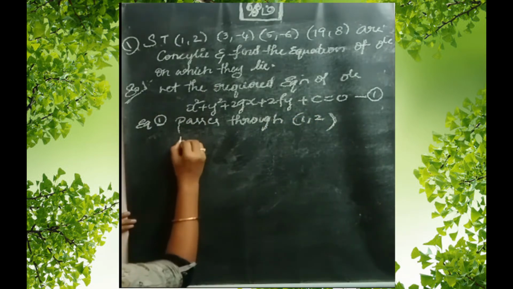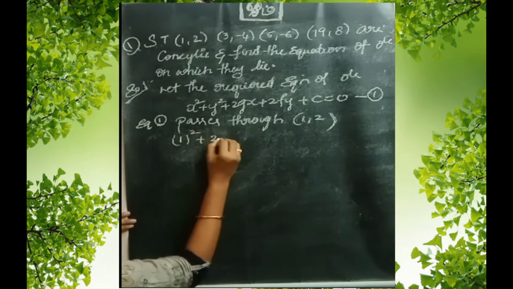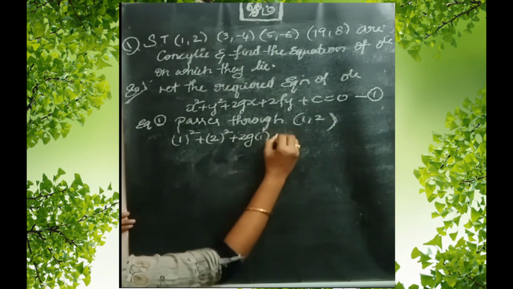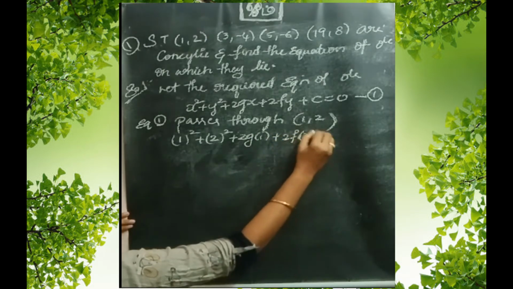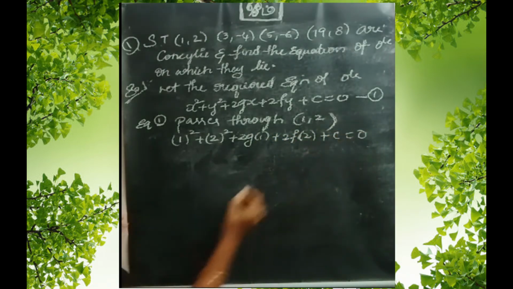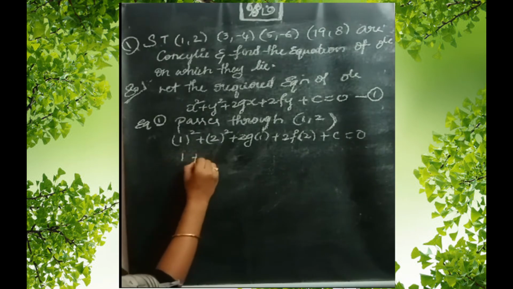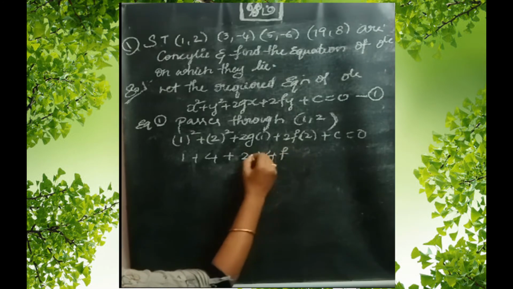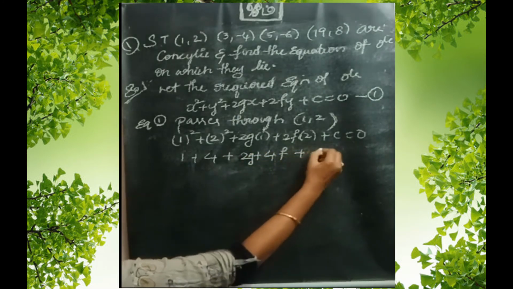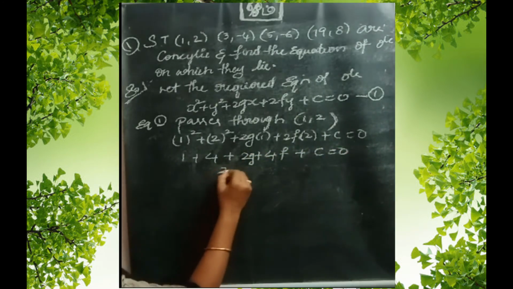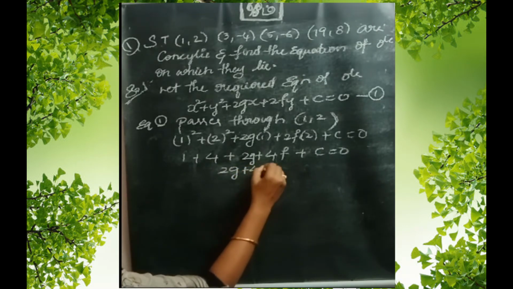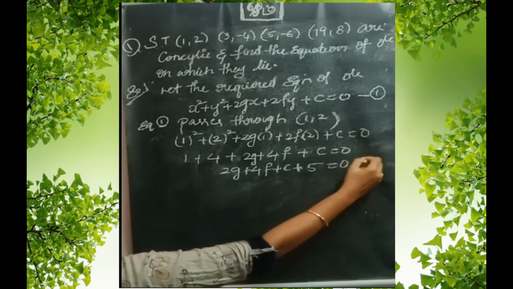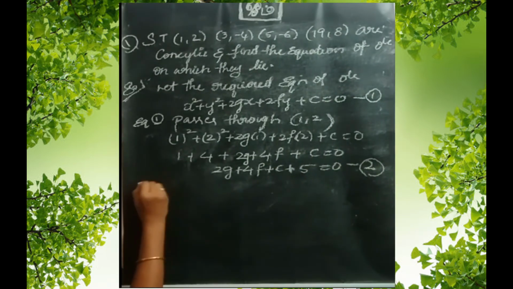Substituting: 1 square plus 2 square plus 2g of 1 plus 2f of 2 plus c equals 0. 1 plus 4 plus 2g plus 4f plus c equals 0. So 2g plus 4f plus c plus 5 equals 0, which is equation number 2.